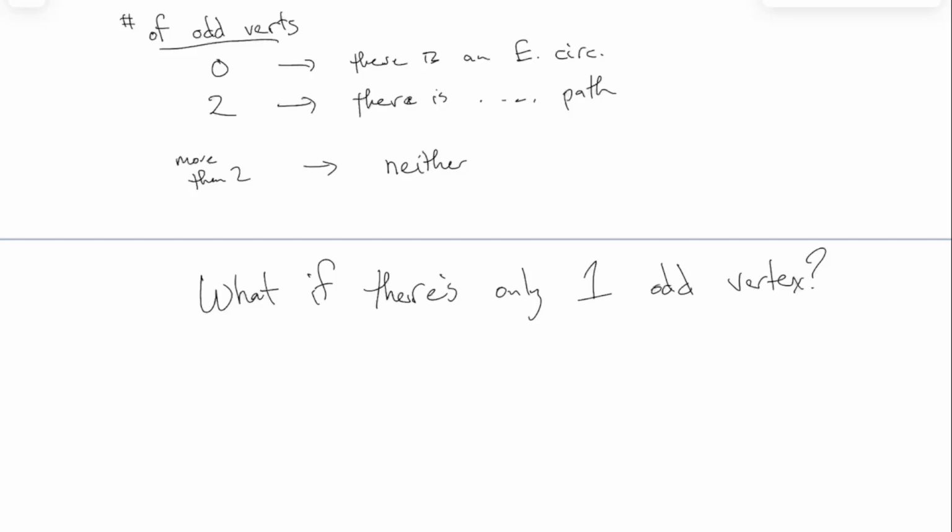Could I just give you maybe 2 minutes? See if you can draw an example of a graph which has one odd degree vertex. Can you draw a graph which has only one vertex with an odd degree?